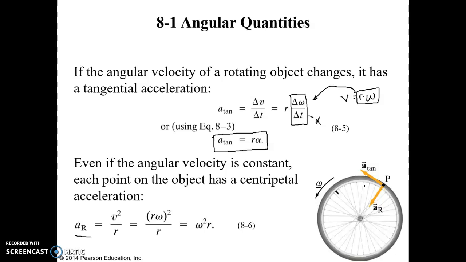And because velocity is a vector quantity, it has both magnitude and direction, if the direction is changing, then that means the velocity is changing. And if the velocity is changing, that means you have an acceleration. And so the centripetal acceleration, the direction of it is from that point towards the center of rotation.